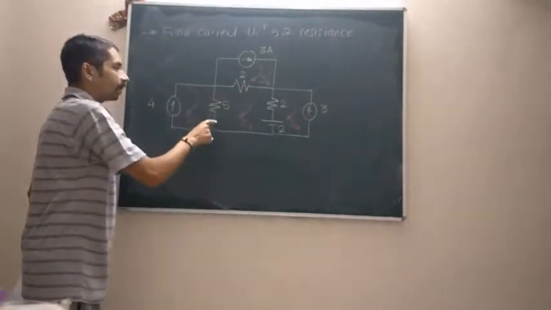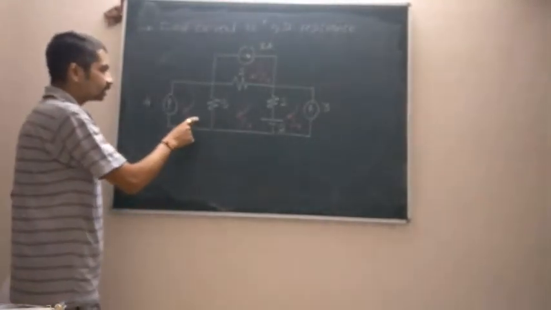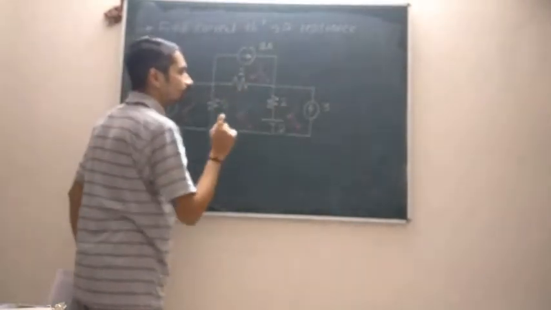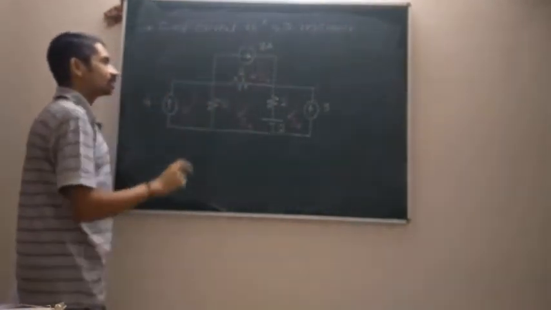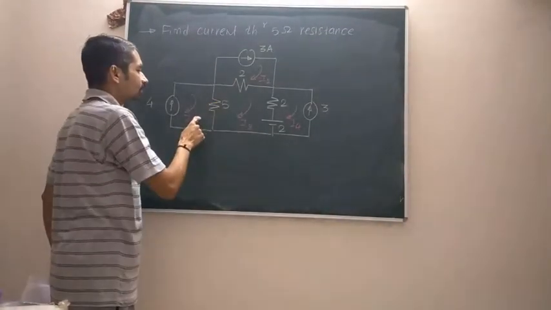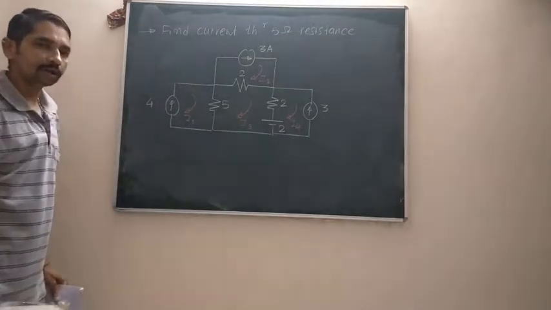Now each loop I have to analyze by making use of KVL. As you can see in loop number 1, loop number 2 and loop number 4, current sources are present, and therefore there is no need for us to calculate the values of currents I1, I2 and I4. Rather the values are already given.